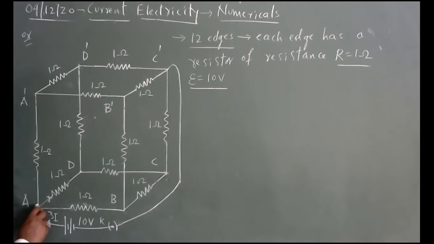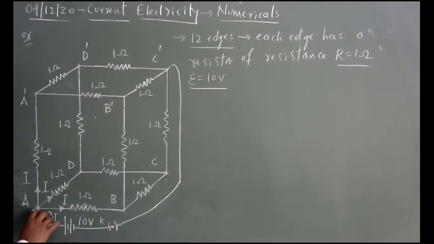Once it enters at junction A, the current gets equally split because of equal resistance, 1 ohm in each arm. The current splits into I along the AA dash arm, I along the AD arm, and I along the AB arm.